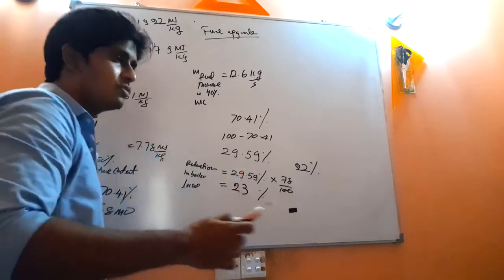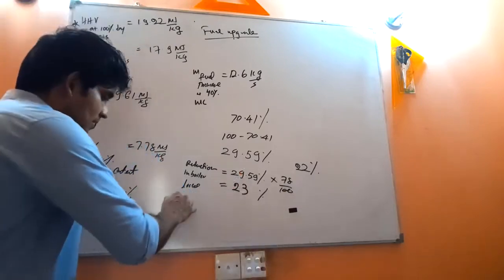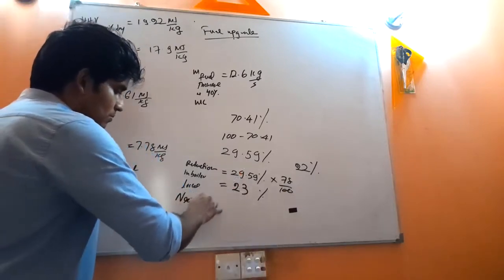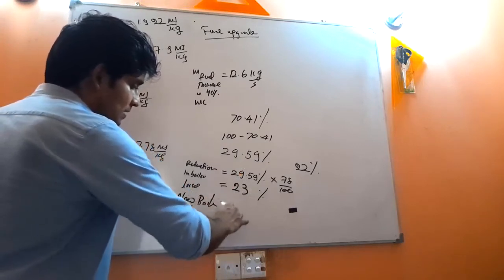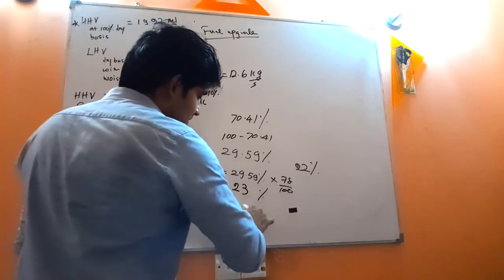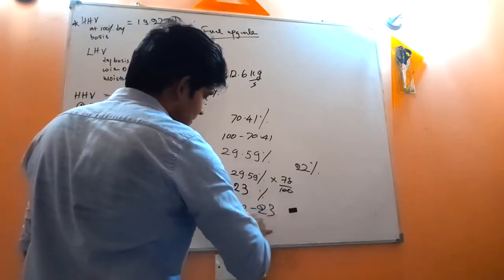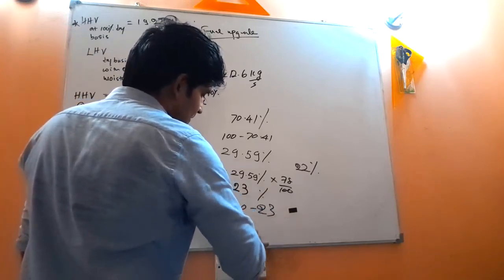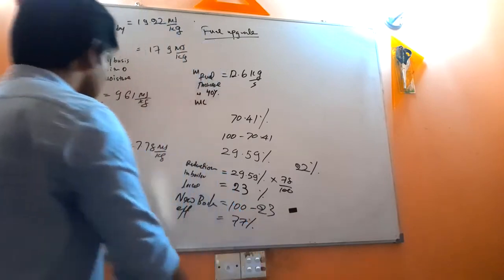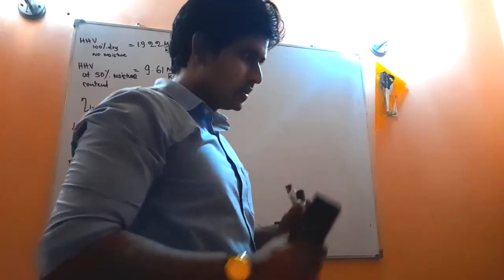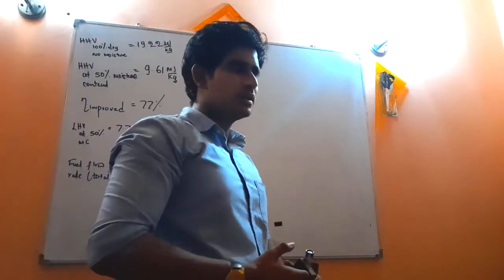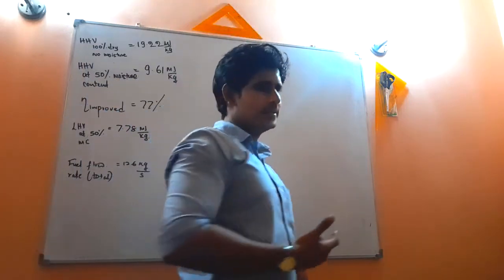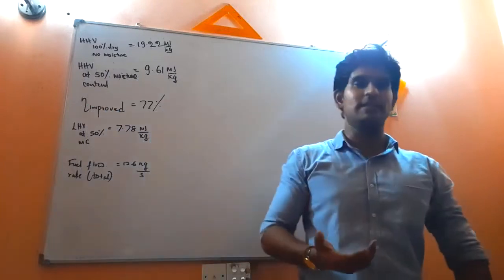So that means now what is the new boiler efficiency? It will be 100 minus 23. That is 77%. Now see, there is a huge increase. Because of the firewood dryer mechanism, it has resulted in a reduction in the moisture content, right?